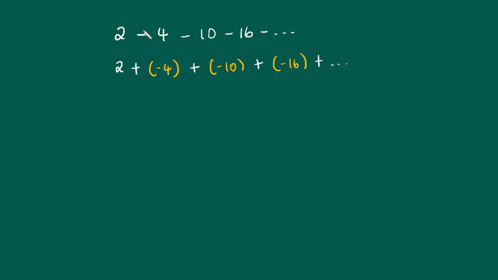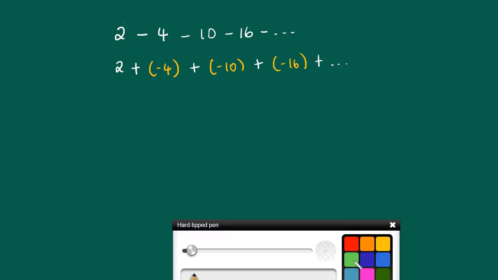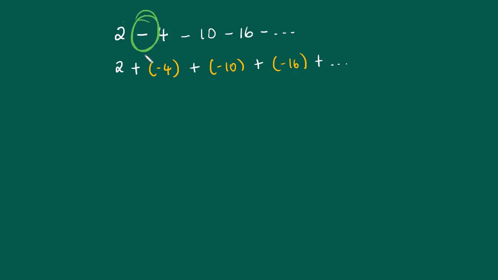It is because we have said positive times negative. Positive times negative should give us what? Negative. So they already did it for you. That's why you just see minus. They said positive times negative, then they wrote it for you. So those are the individual terms.